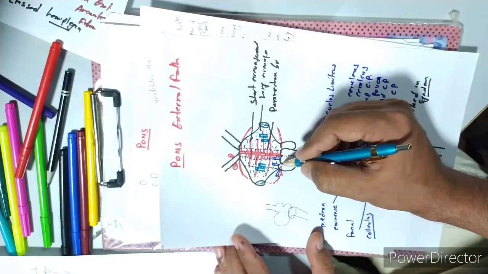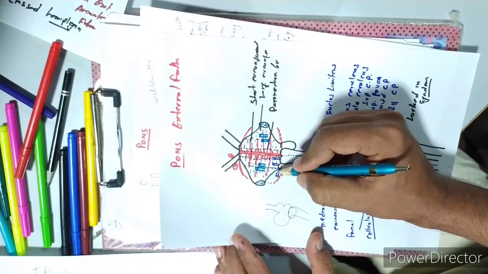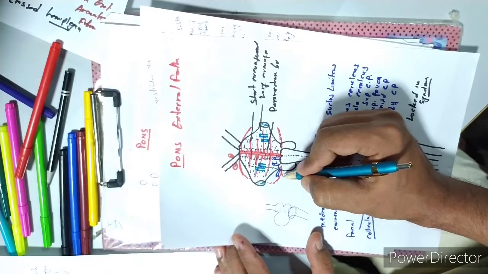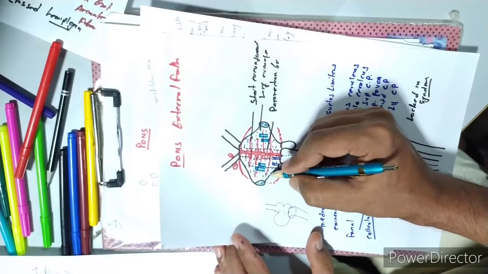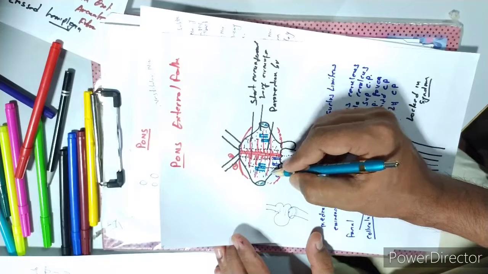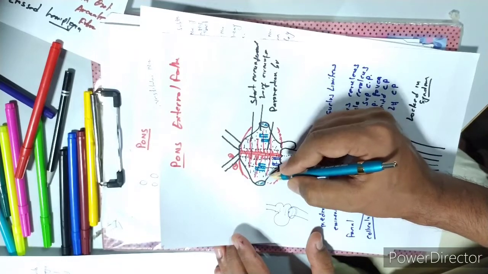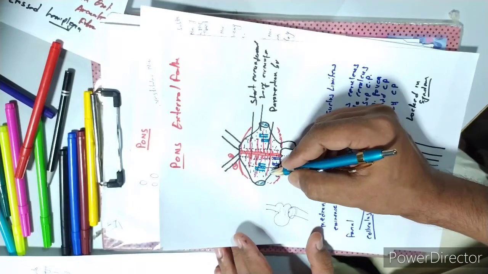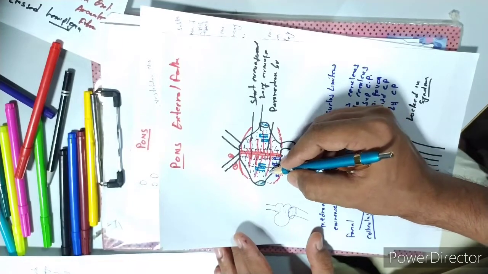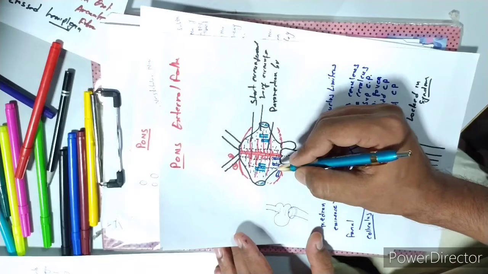cerebellopontine angle tumor, where damage of the vestibulocochlear nerve leads to deafness, tinnitus, and loss of equilibrium, and the cerebellar fibers are lost, the middle and inferior cerebellar peduncle. So there is a defect in cerebellar function: intention tremor, ataxia, adiadochokinesia.